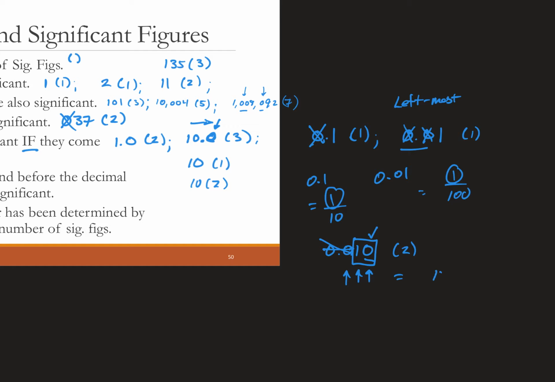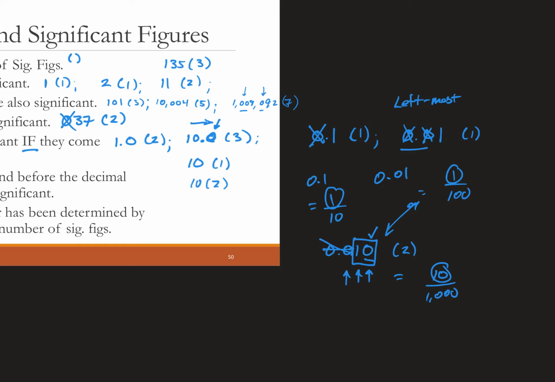This is like writing it as 10 1,000ths. It's equivalent to 1 over 100, but by putting in that 0, I'm telling you that it's significant. All right, and if we put 100 zeros after that 1, they would all be significant.